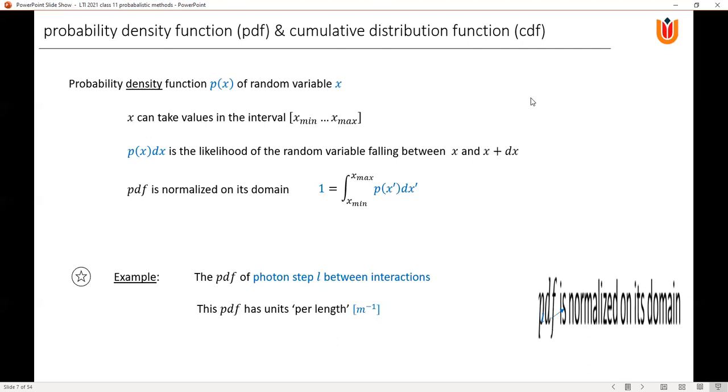The value of the PDF itself has units per length, and if you multiply it with a dx, a small value, then it would be a true probability, a chance, really a dimensionless number between 0 and 1. If you integrate it over all possible values between 0 and infinity, then the answer would be 1. So that means that the probability that the step size is somewhere between 0 and infinity has to be 1.